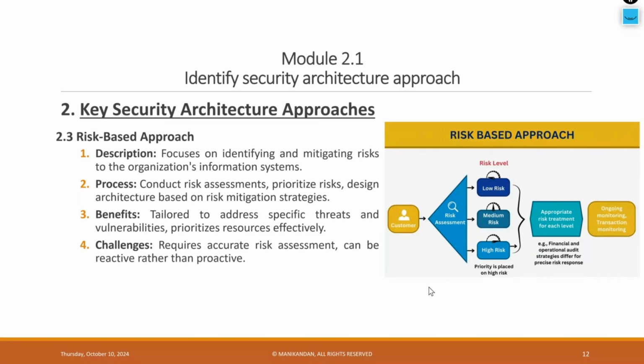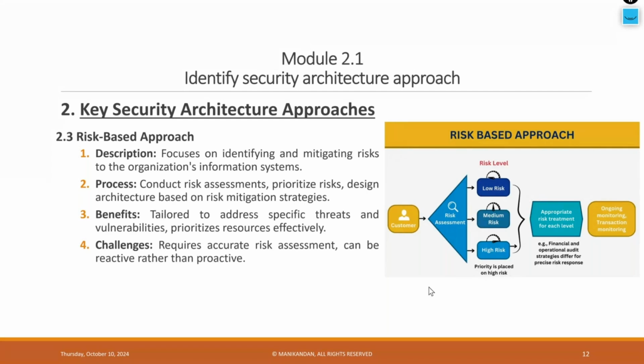So basically, in the risk based approach, we focus on identifying and mitigating the risks specifically which the organization faces. We conduct the risk assessment, tailor our security architecture to address specific threats and vulnerabilities, and prioritize resources effectively.